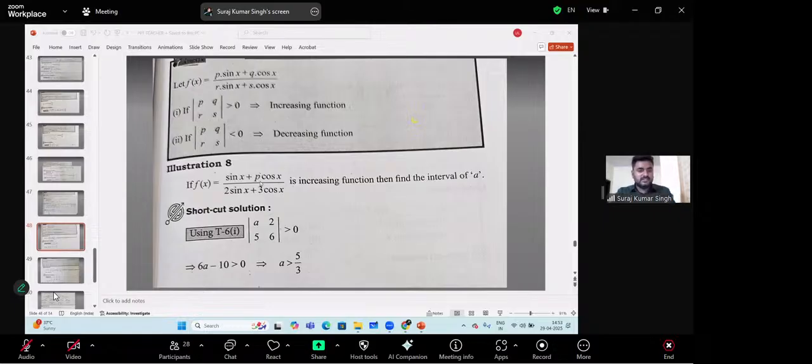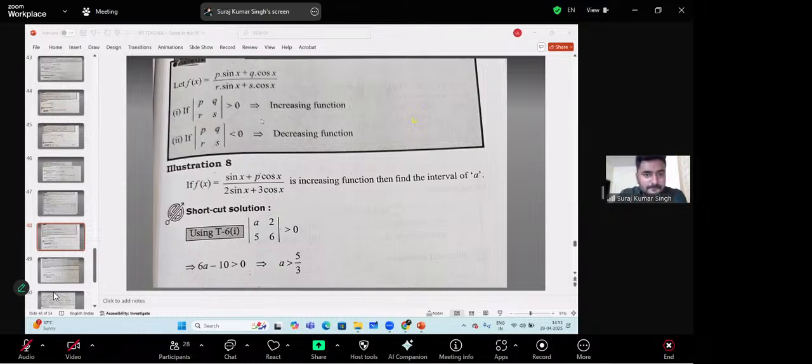Okay, let us see one question. This question was asked in JEE. If f of x equals (sin x plus a cos x) by (2 sin x plus 3 cos x) is an increasing function, then find the interval of a. Okay, so what is the p, q, r, s? Let's write here p, q, r, s.